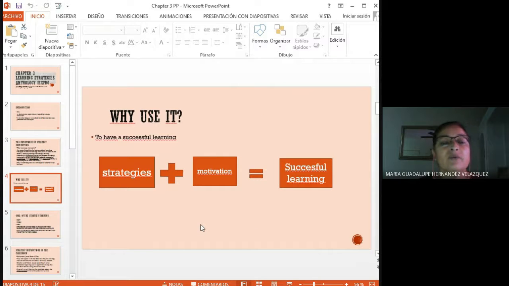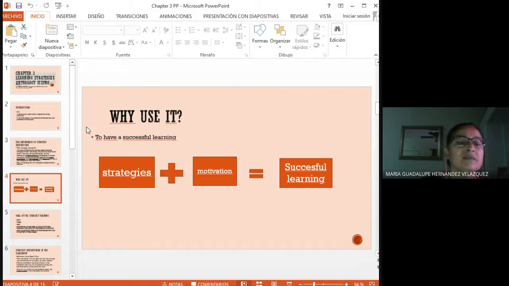And why should they use that strategy instruction? There are many factors that bring the success of the learning, but two very important ones are the strategies that we are going to use, and the motivation of the learner, or the motivation that we are going to make them develop.